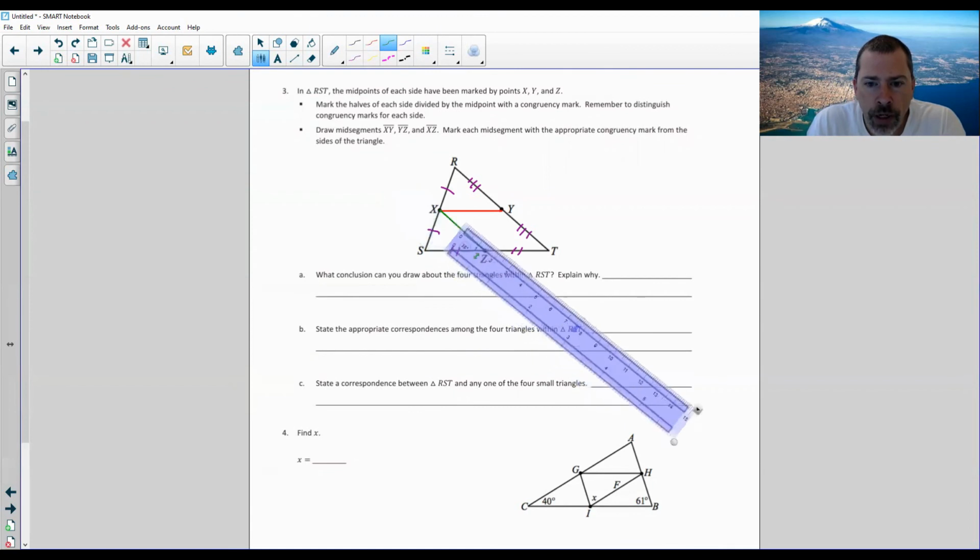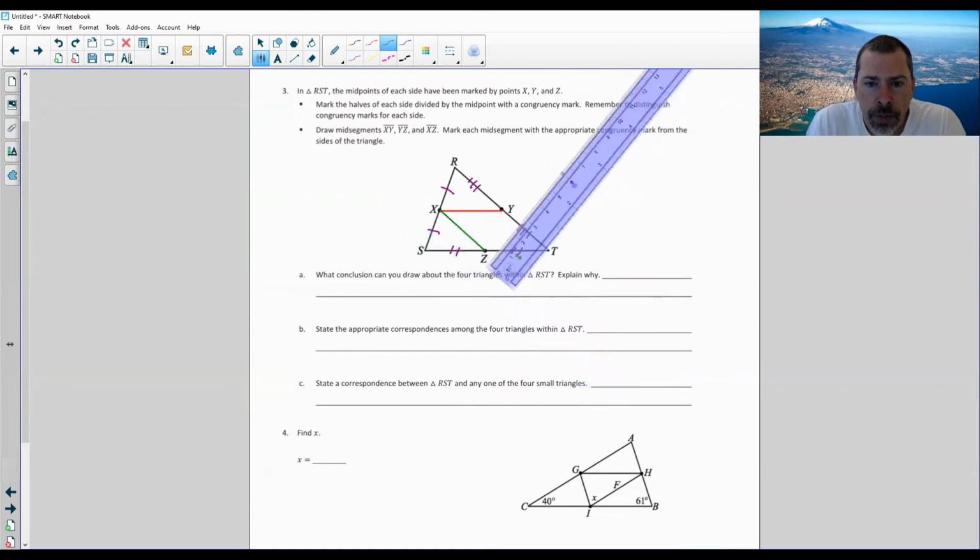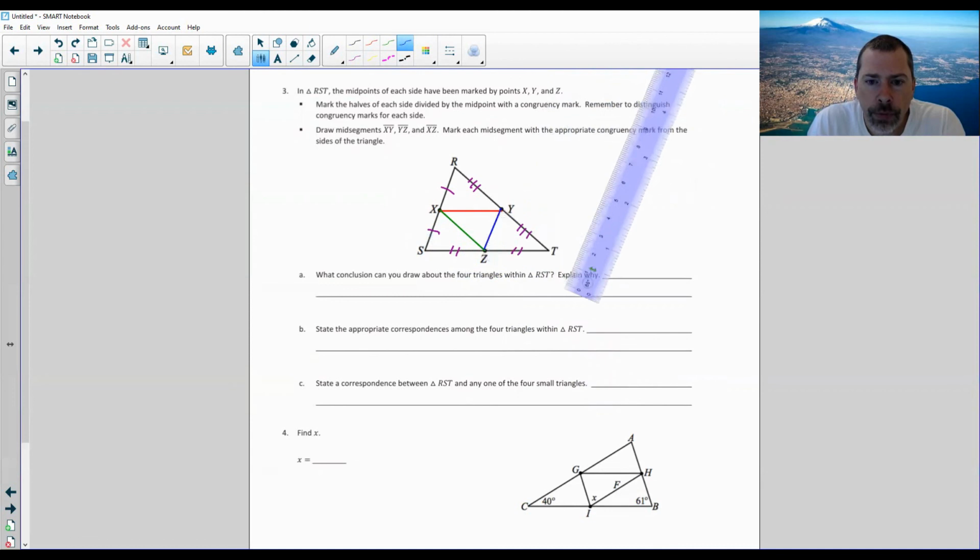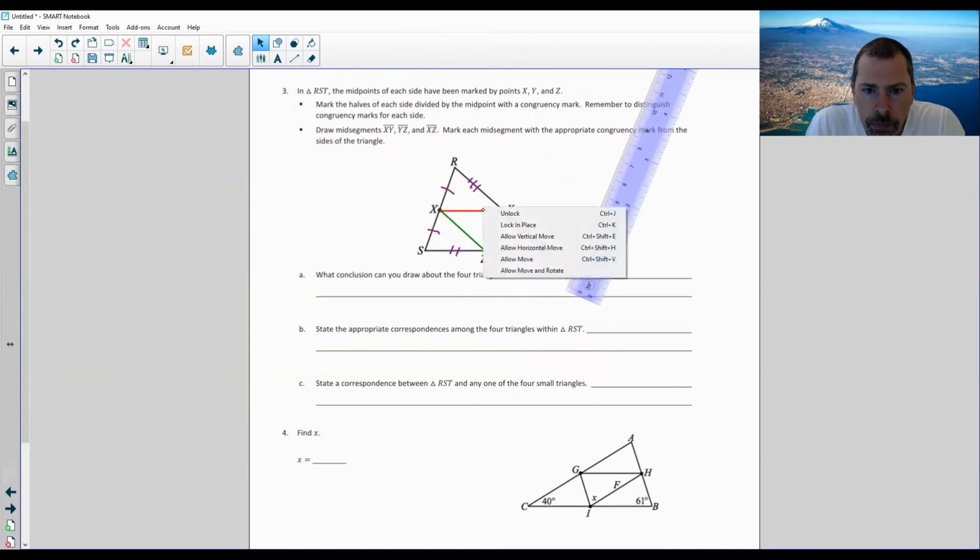And then I will draw my mid-segment ZY. Like so. Okay, let me just fix this a little bit. Okay, there we go, that's better.